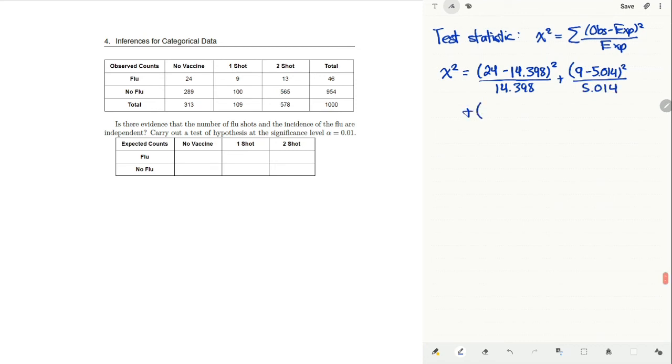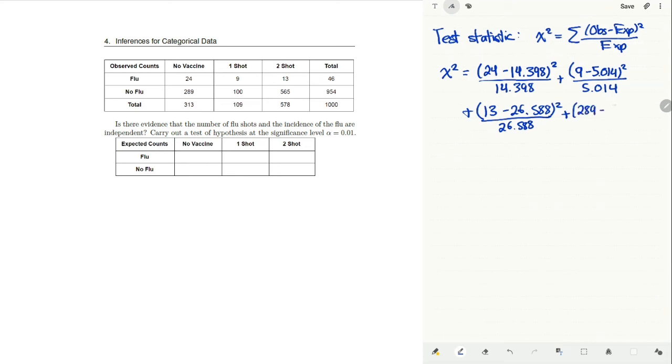Then we add this to the 2 shot and the flu group. We observed 13. We expect 26.588. And then we add this to the no vaccine and the no flu group. We observe 289.